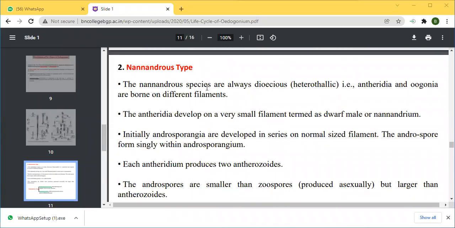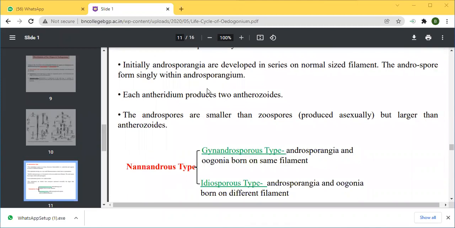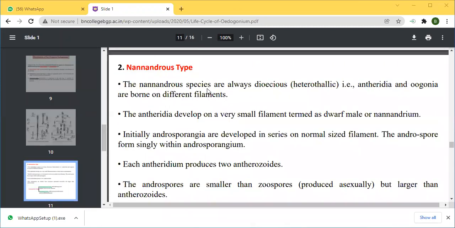Next one, what is the Nanandrus type? Nanandrus species are always dioecious, girls. Listen carefully. Compared to the Macandrus, here Nanandrus species are always dioecious. What is the meaning of dioecious? That is the development of antheridia and oogonia born on different filaments.